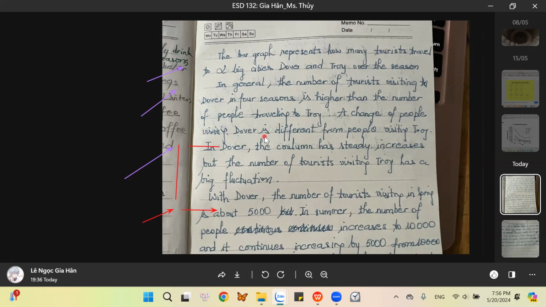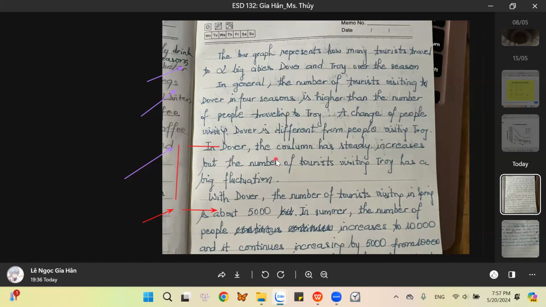International tourists or national tourists? So the word a change of, you should be specific in this phrase. A change of what? A change in the number of people visiting Dover is different from people visiting Troy.